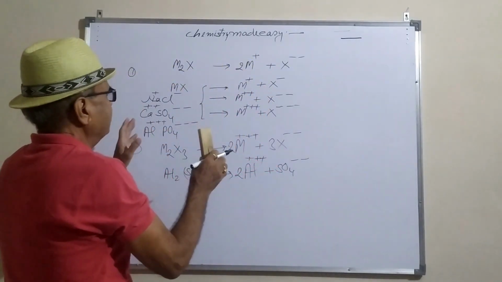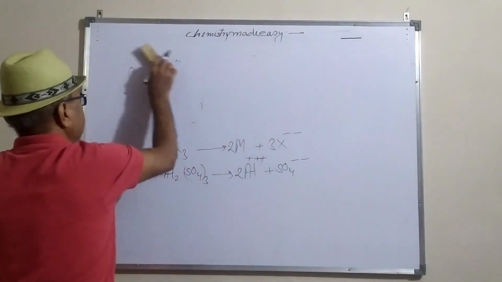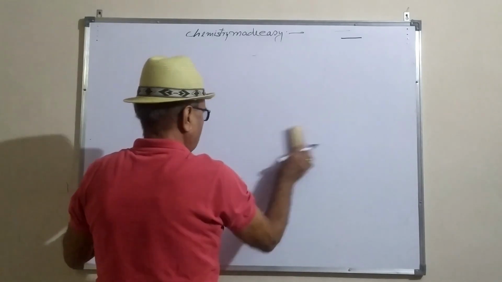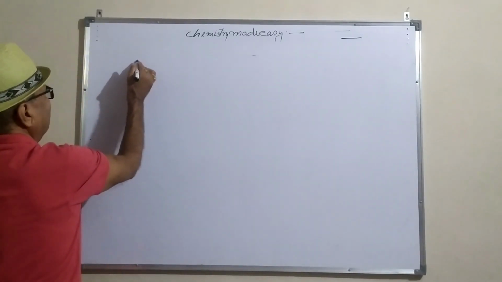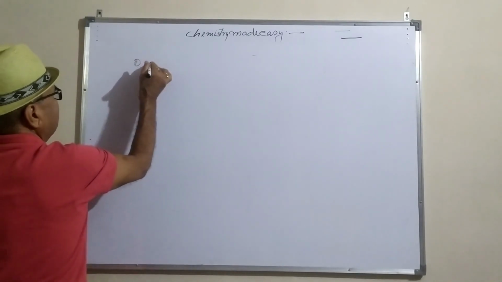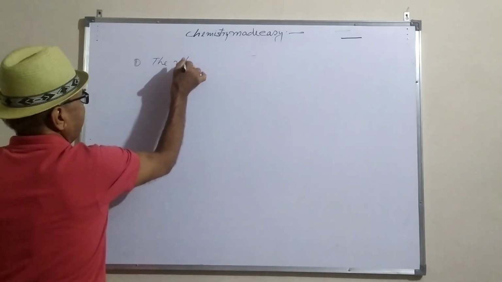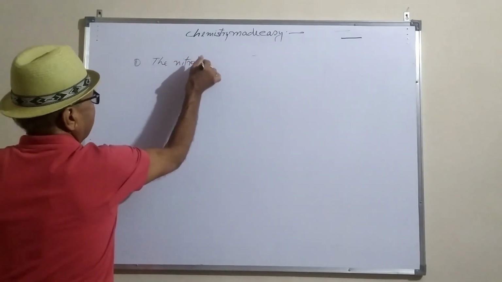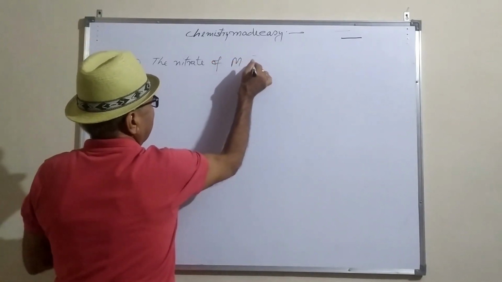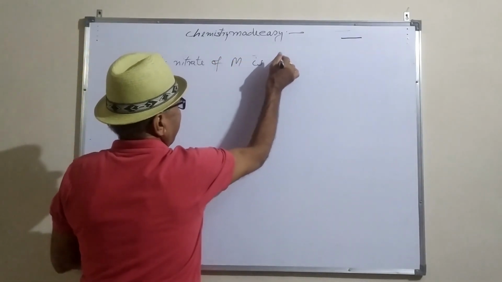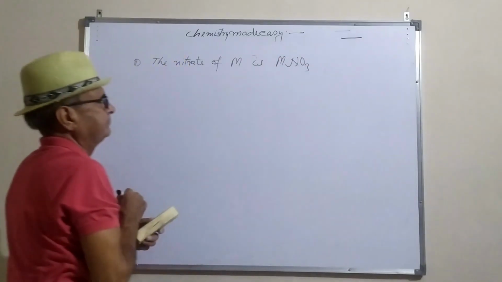So again, I am giving question number 2, the second type of questions. I am giving you the nitrate of M is MNO3.